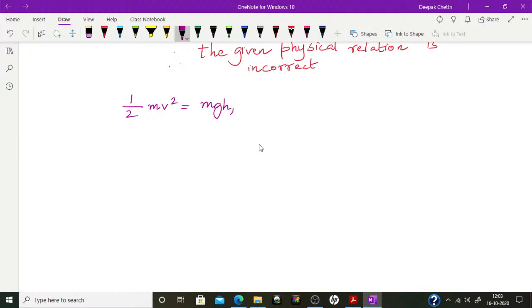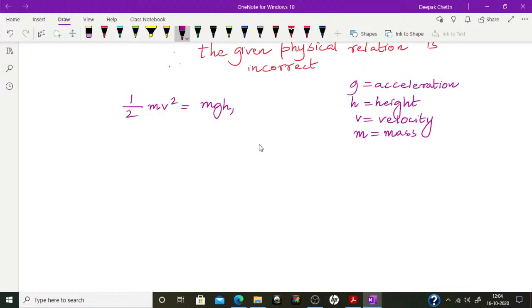So g is your acceleration, h is a height, and v is velocity, m is mass.